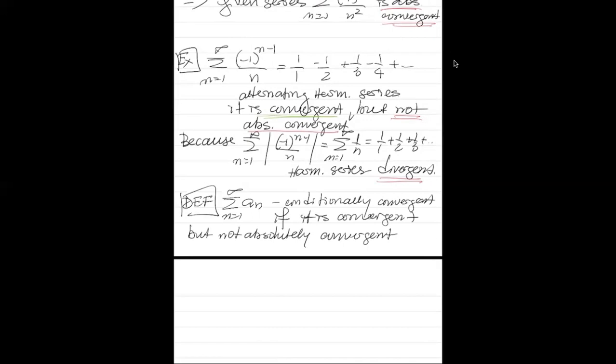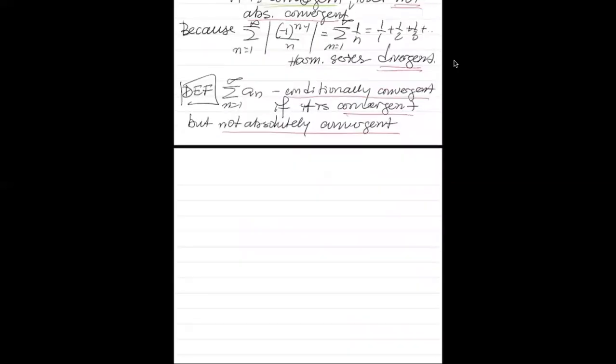So that means the series is convergent, but the series with the absolute value is not convergent. So we call this conditionally convergent. The previous example shows that it is conditionally convergent.